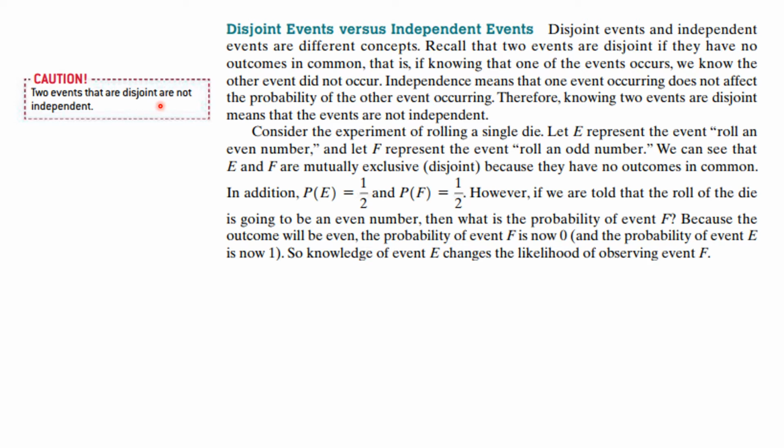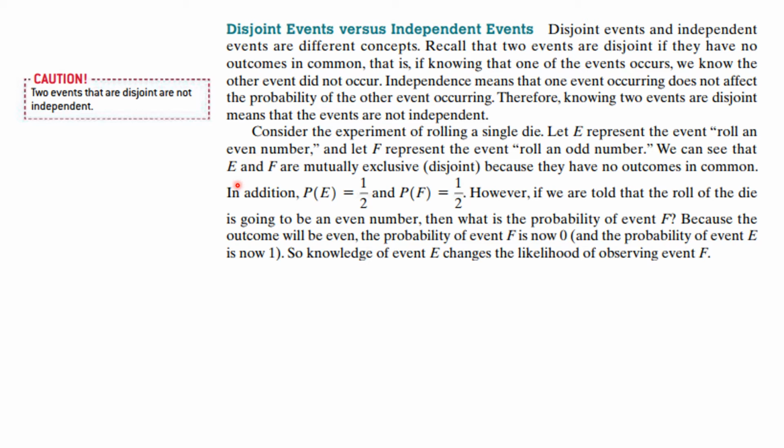And in summary then, if two events are disjoint, they are not independent. Not necessarily independent. And in fact, let's look at another example. Consider the experiment rolling a single die, and E is the event you roll an even number, and F represents the event you roll an odd number.